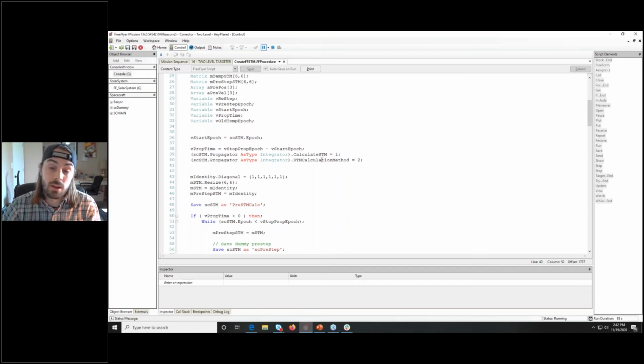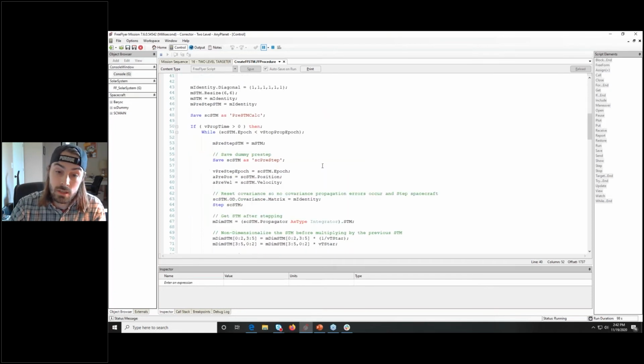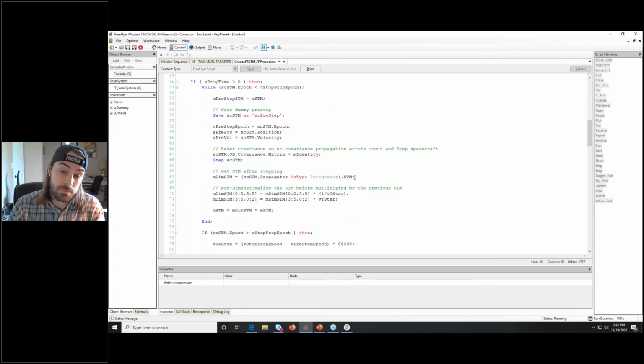So FreeFlyer having that in there is really nice, since you can just call it and propagate the equations of motion for both the STM and the state vector and get it out fairly simply. And what that does is it gives you the variational relationships between your initial states and your final states, which is really the essence of any sort of targeting method.